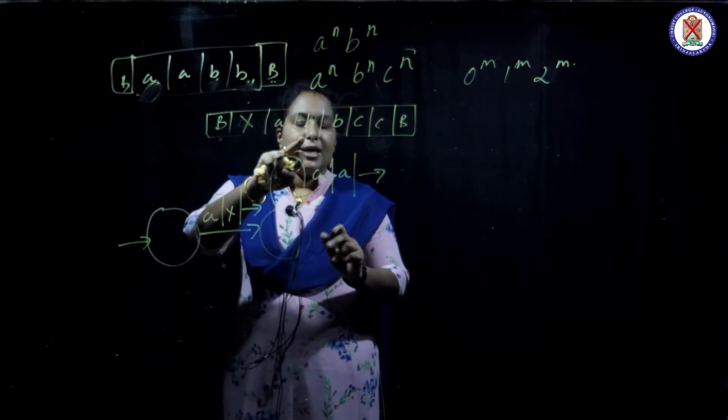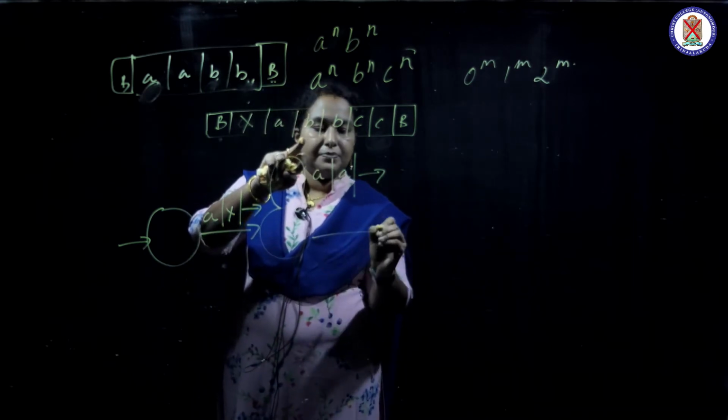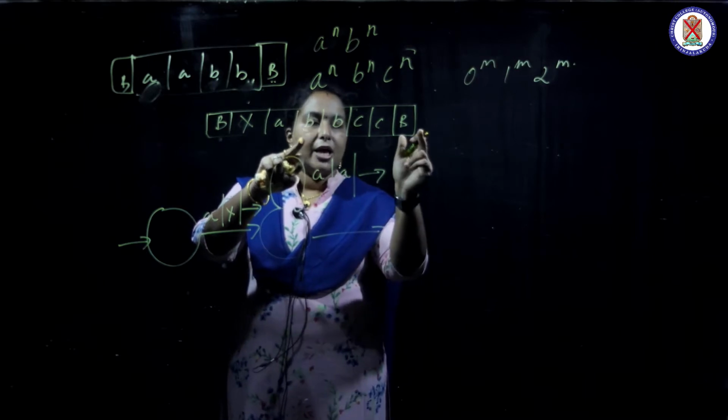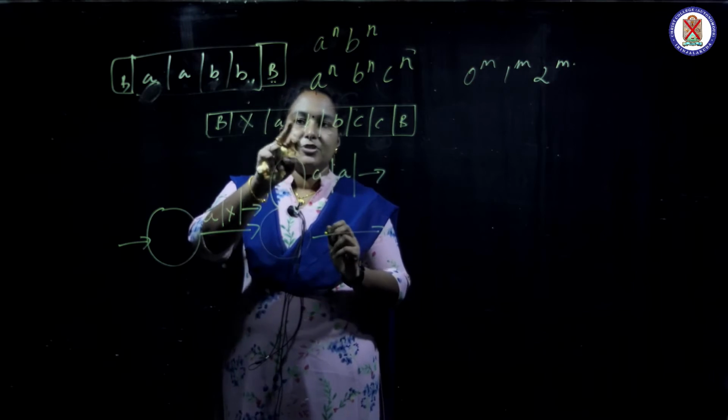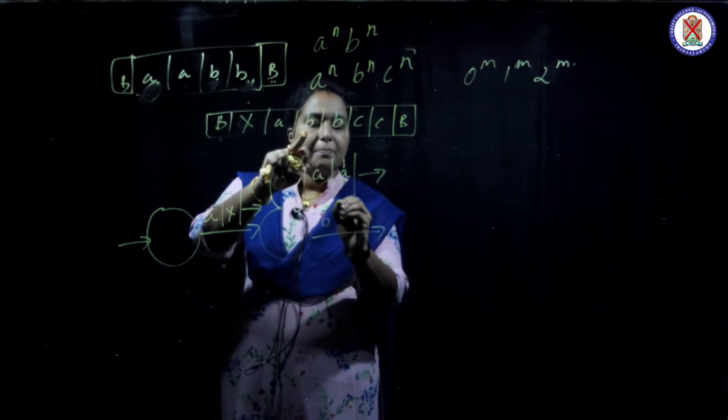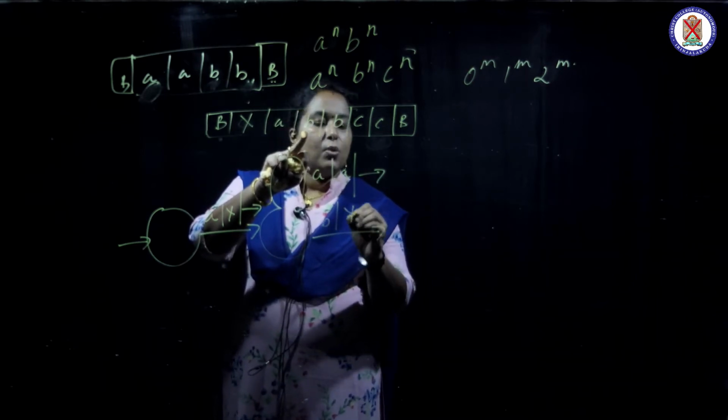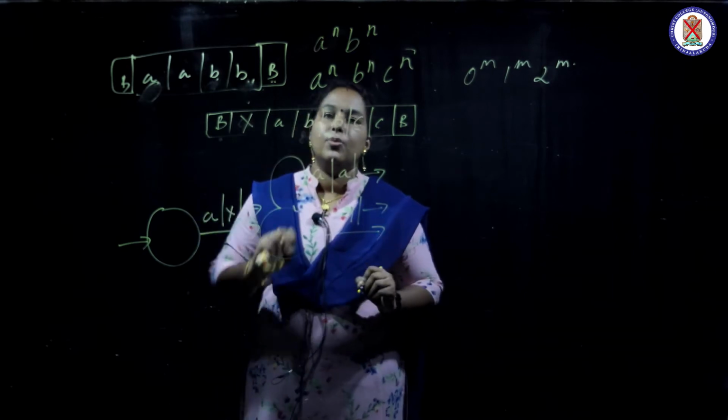So after a, when you see b, we are using the second logic. I am not repeating up to here. After a, when I see b, I make it y and move forward.